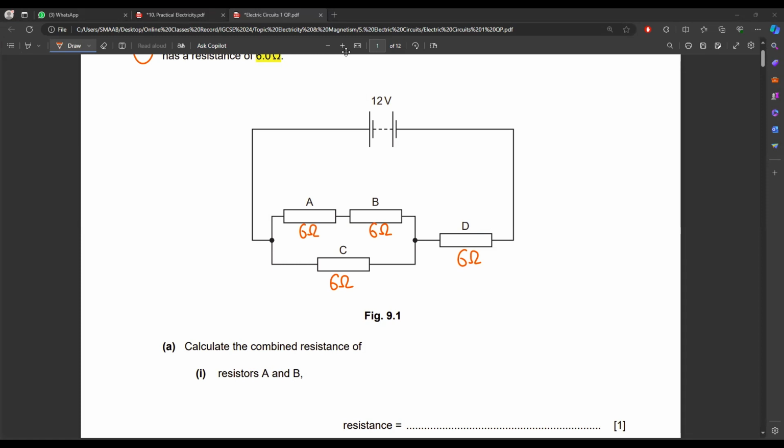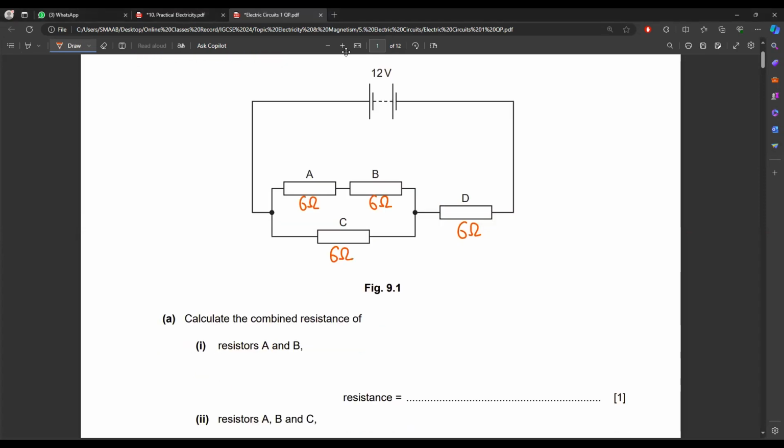So there is a very simple technique to find the total resistance in this type of question. First of all, try to join two resistors one by one, right? If you try to solve all the resistors at a single time, it will be difficult.